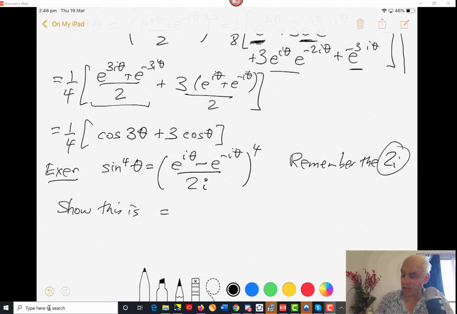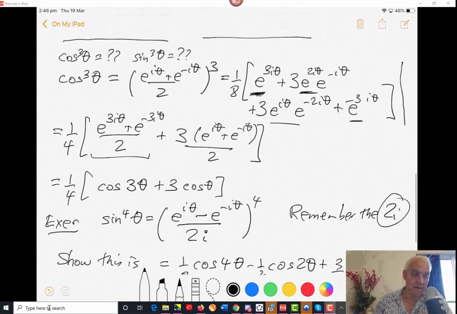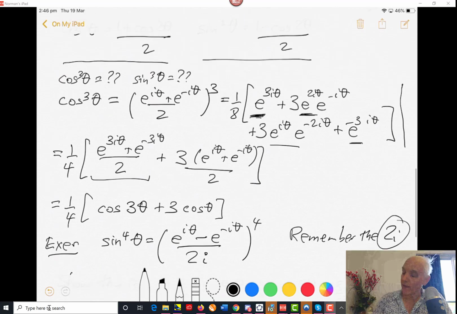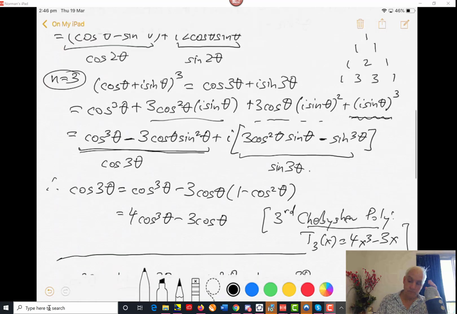And so the exercise is to show that what you end up getting is 1/8 of cosine 4 theta minus 1/2 of cosine 2 theta plus 3/8. Okay, that's a good exercise. Okay, so we see it's a rather powerful thing.